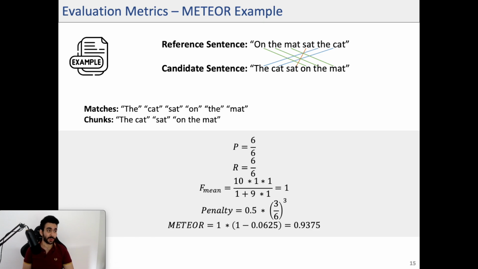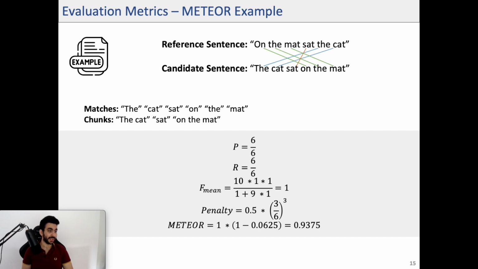So if we get a reference sentence, annotated and provided, being "on the mat sat the cat", and the candidate sentence by the system being "the cat sat on the mat", then our matches are easy, right? The cat sat on the mat. Calculating the precision then: number of unigrams in the reference sentence that appear in the generated summary is going to be 6.